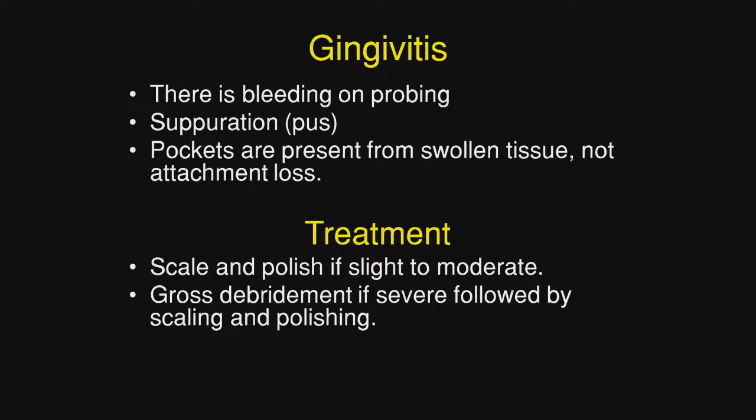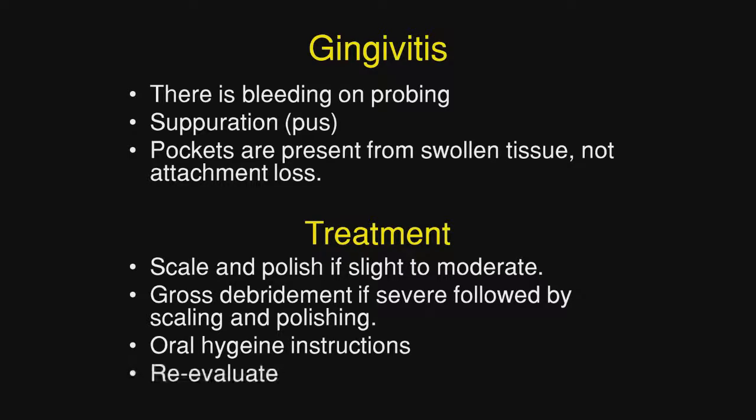If it's severe and there's a gross amount of calculus, then you may want to do a gross debridement using an ultrasonic prior to scaling and polishing. And certainly you want to give oral hygiene instructions, and because this is a disease, you want to have the patient back to reevaluate and perhaps reinforce the oral hygiene.